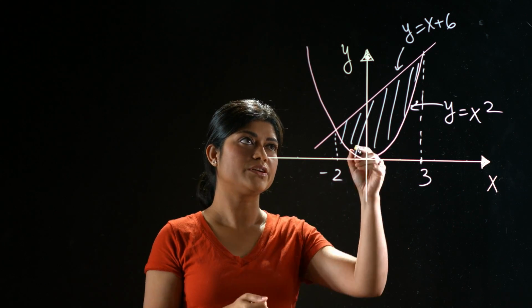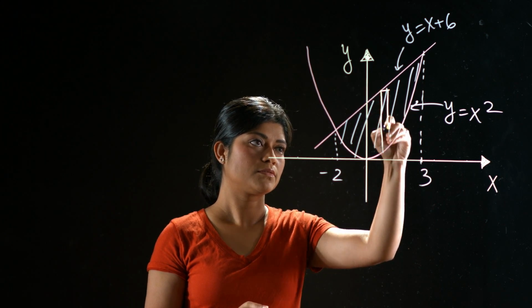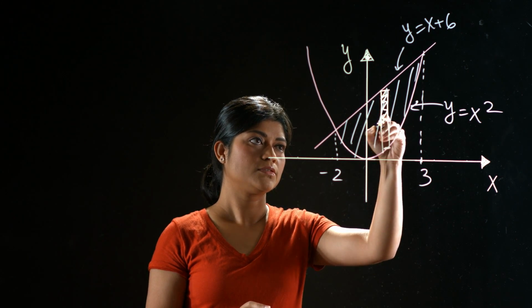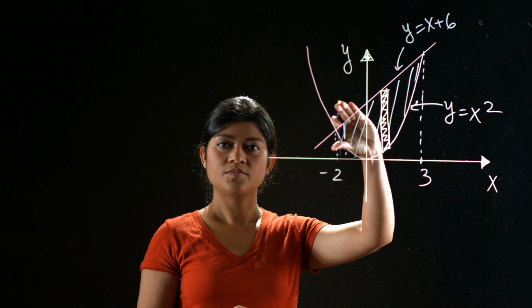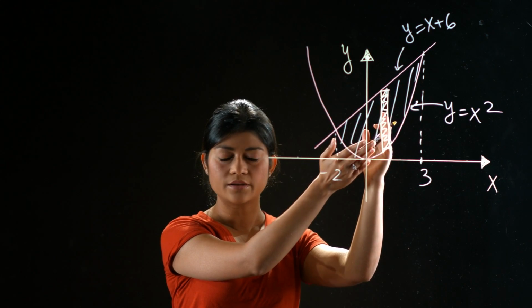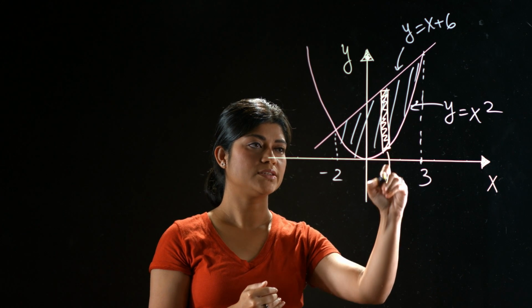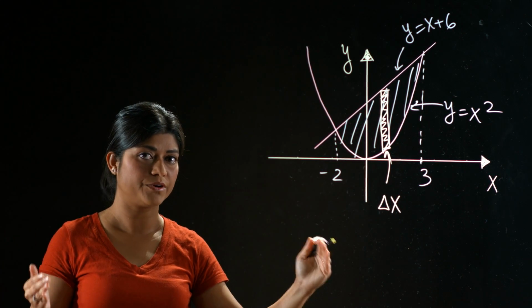Instead, if you draw the rectangle, say, vertically inside the region, it'll be the same looking rectangle everywhere. You see that? And it's much simpler that way. So let's choose this particular rectangle where the width is delta x, which means x is the outer variable.